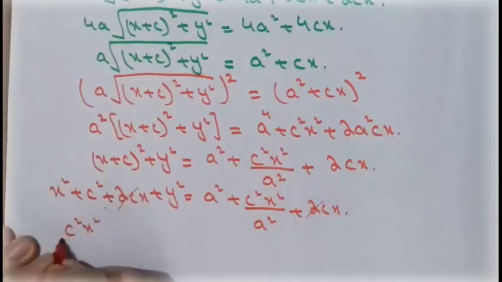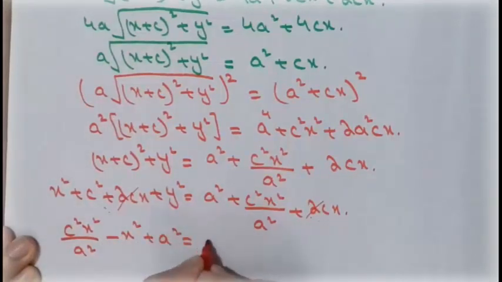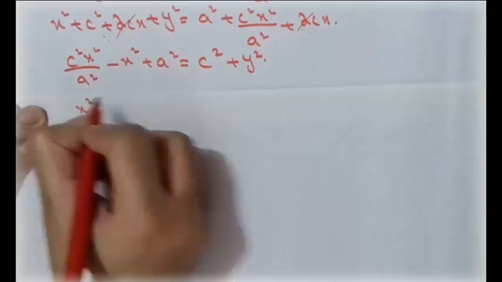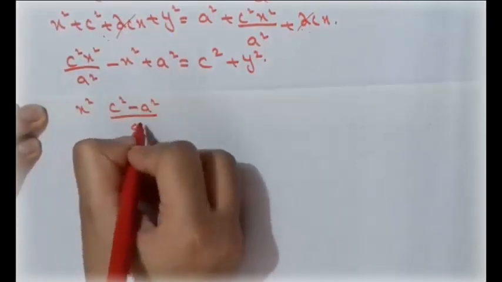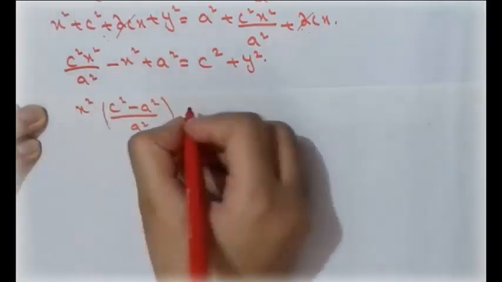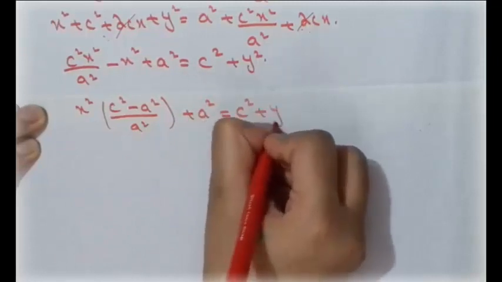C square x square over a square minus x square plus a square, which is equal to c square plus y square. So I take a common factor of x square, so it will be c square minus a square divided by a square, plus a square, which is equal to c square plus y square.